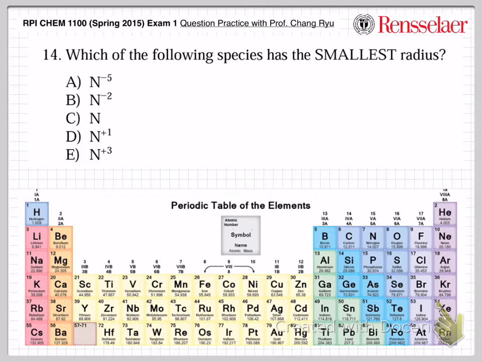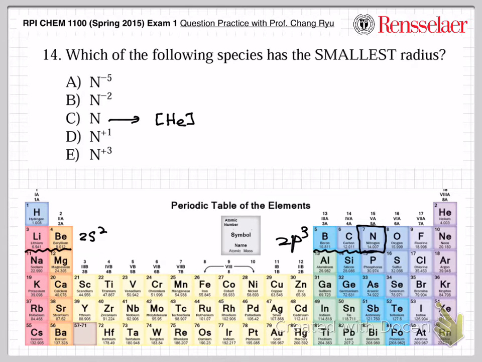So this is question number 14, also regarding the use of the periodic table. Now they pick the atom nitrogen, which is located here. Nitrogen itself has an electronic configuration of helium core, then 2s, there are two of them, and then 2p, there are three of them.